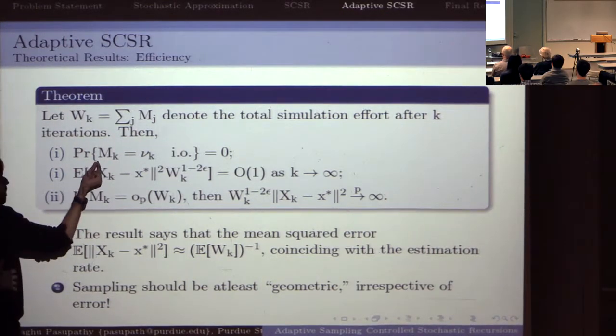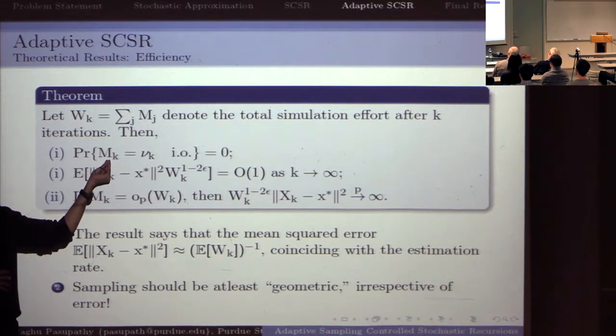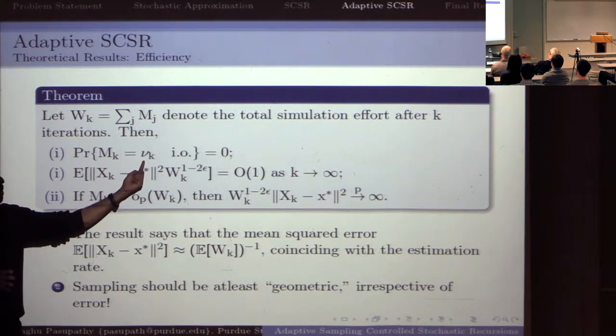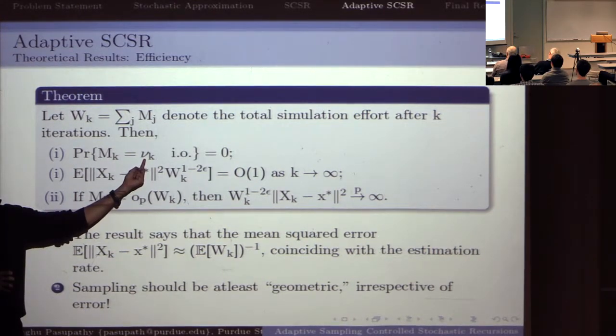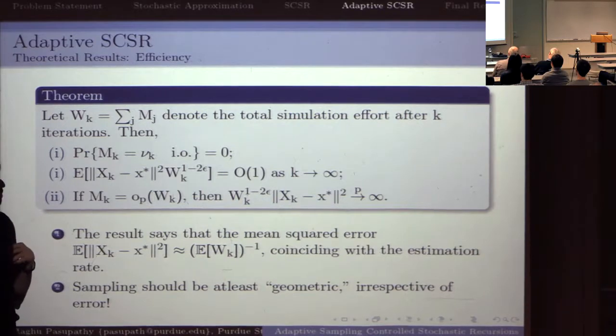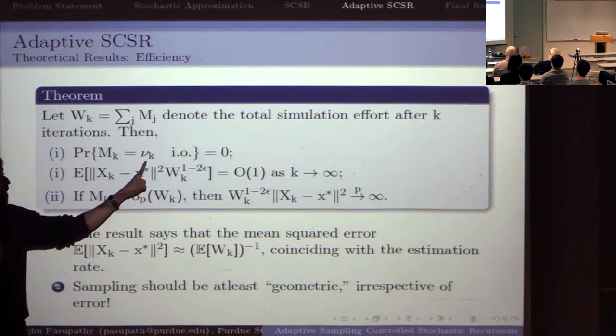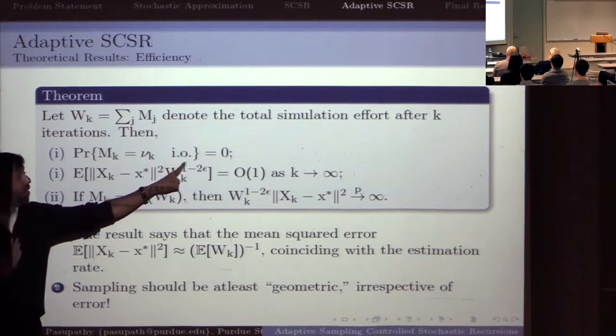Now, the first part of this main result goes back to one of the things that I pointed out earlier. We have the sequence called nu sub k, which I'm calling the escorting sequence, which helps us get to the vicinity of the root. It so happens that as k tends to infinity, the probability of capital M sub k exactly equaling nu sub k infinitely often is 0.